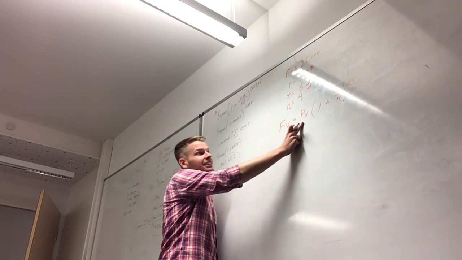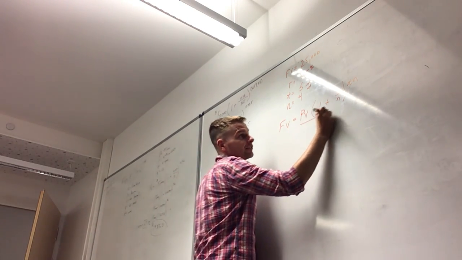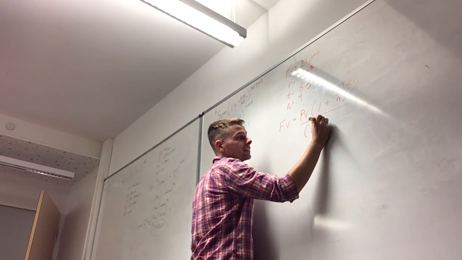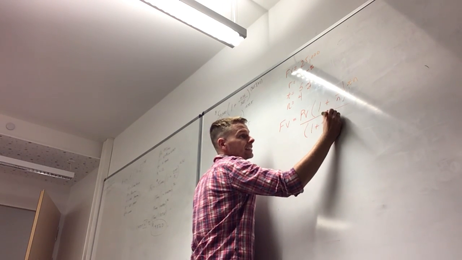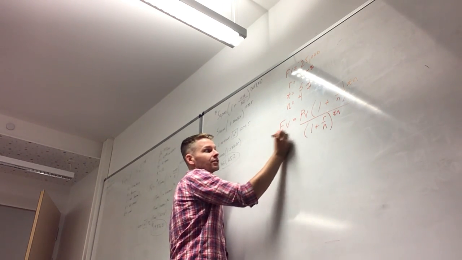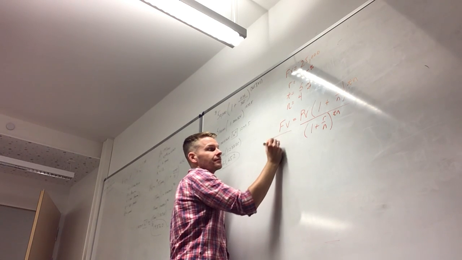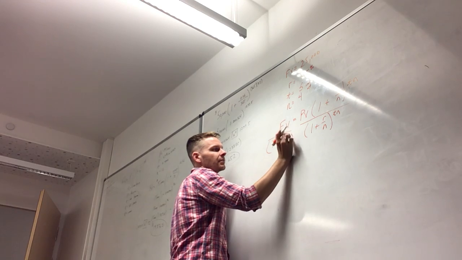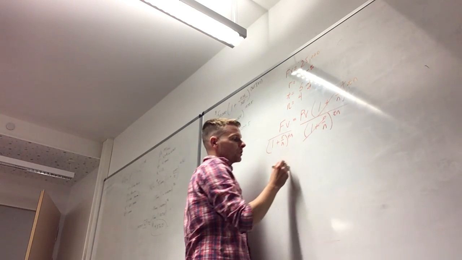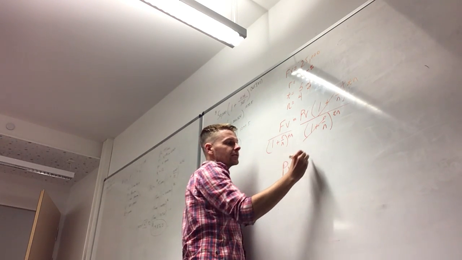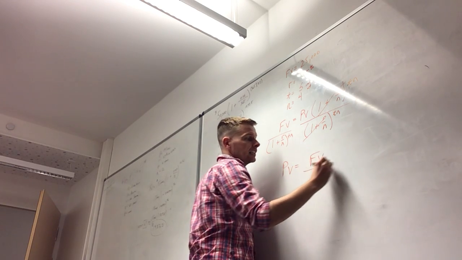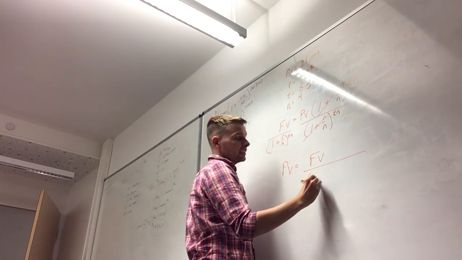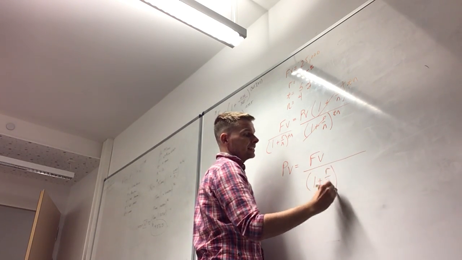So if I just divide off the (1 plus r over n) to the nt power and put it over here, we're left with the present value is equal to the future value divided by (1 plus r over n) to the nt.